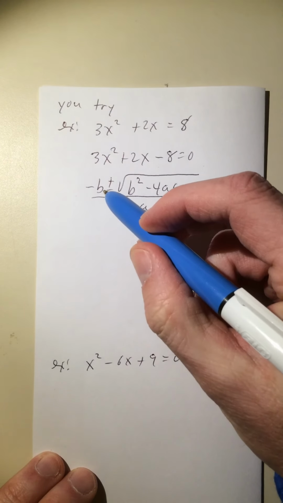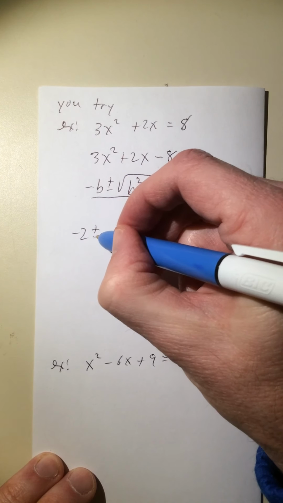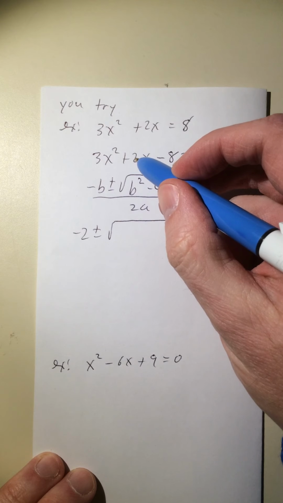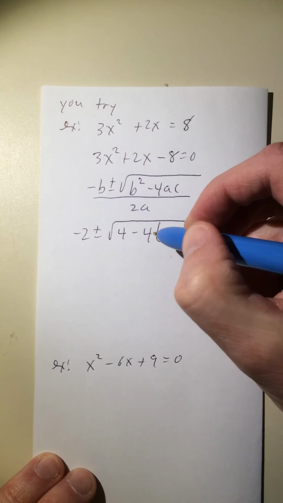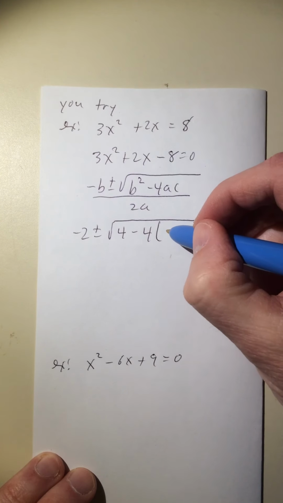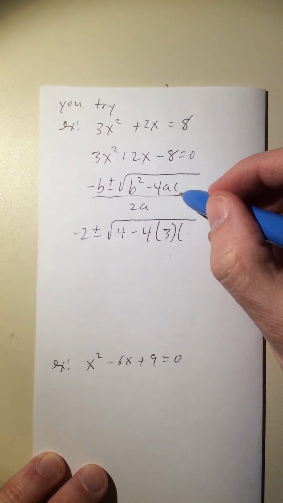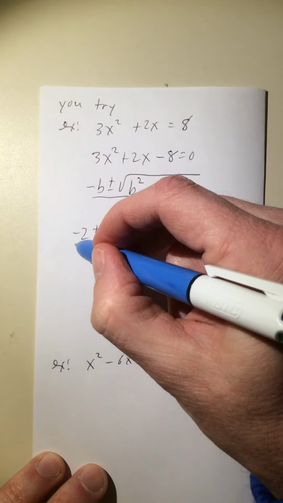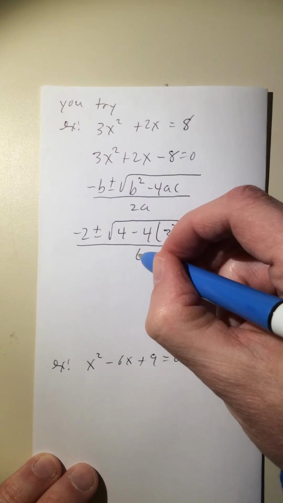2a. So negative b, and b is 2, so we get negative 2 plus or minus the square root of b squared. B is 2, 2 squared is 4, minus 4 times a is 3, and times c, which is, right, c, that's negative 8, over 2 times a is 3, so 2 times 3 is 6.